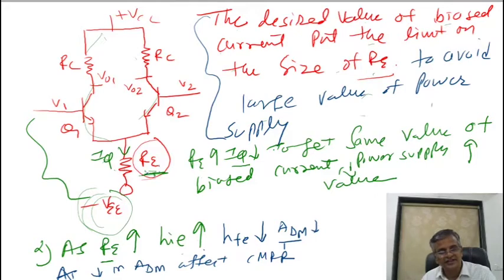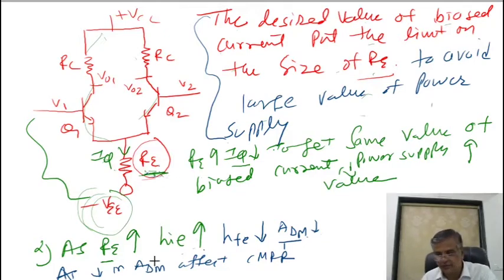As current gain decreases, your differential gain, I have written ADM, decreases. As ADM decreases, that affects the CMRR value. So due to these two reasons, we cannot keep a large value of RE. So we have to think of another way to increase the value of CMRR.